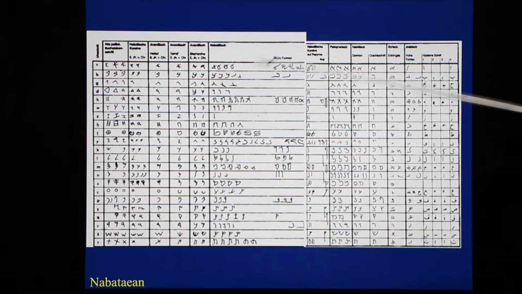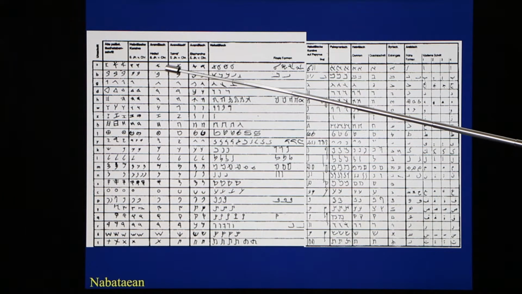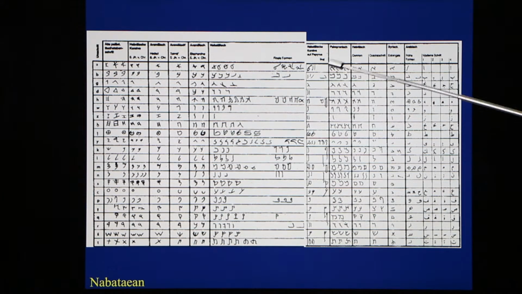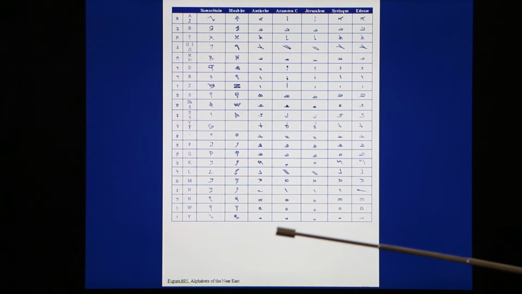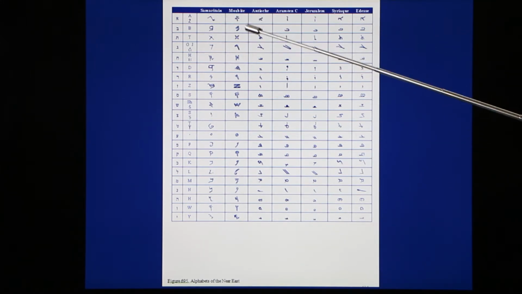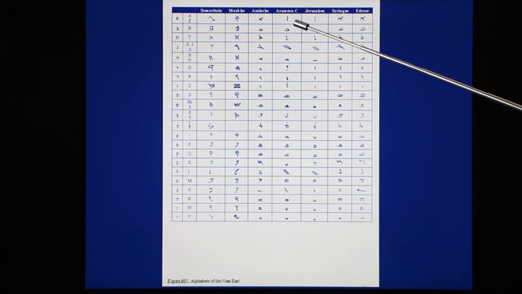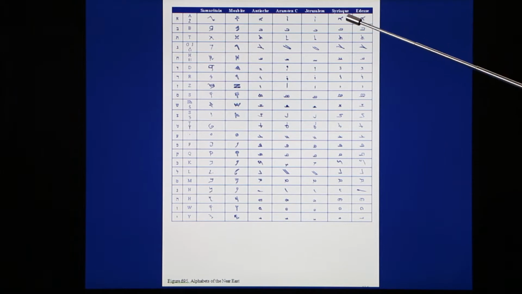Yes, and then this is a major list, so it compares it with a series of other old languages, including Palmyran, Hebraic, Syrian, and Arabic. Here is another such list, which takes Samaritan, Moabite, Antiochian, Aramaean, Jerusalem, Syriac, and Edessan.